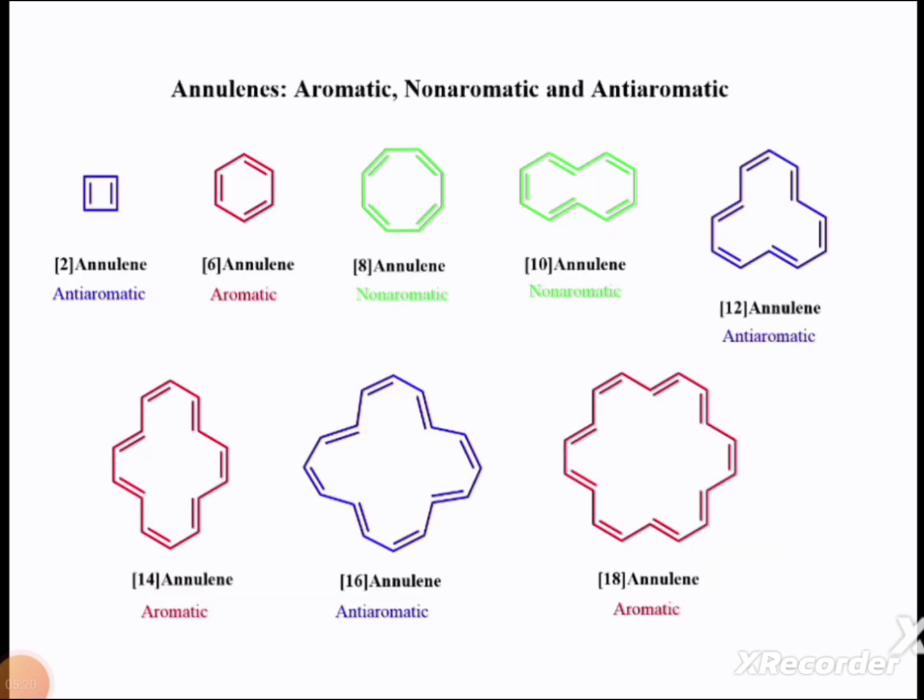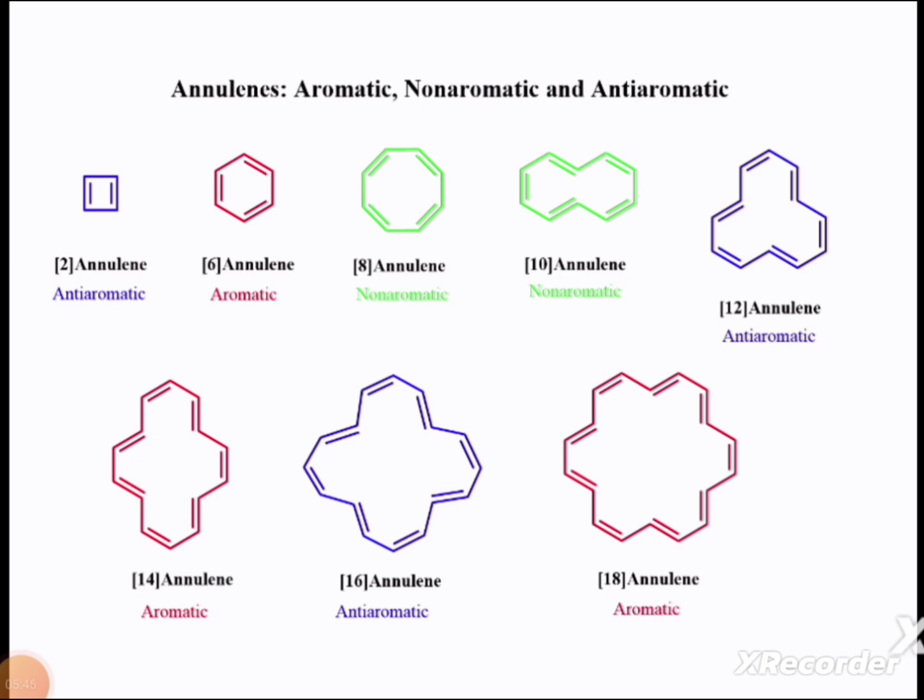Next, these are some annulenes which are aromatic, non-aromatic or anti-aromatic. 4-annulene, having 4 pi electrons, is anti-aromatic, and 6-annulene, benzene itself, is aromatic, and the other larger annulenes are non-aromatic.